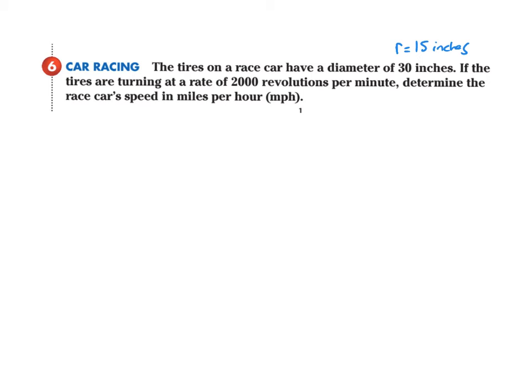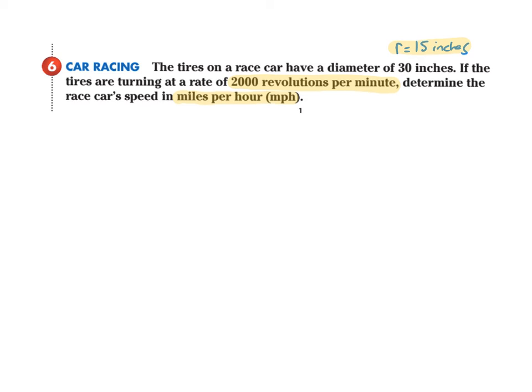And I'm told that the tires are turning at an angular velocity of 2,000 revolutions per minute. We're supposed to determine the speed. That's a linear velocity, but we need to get our answer in miles per hour.